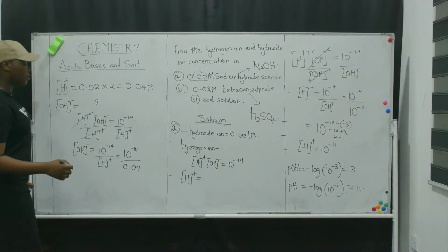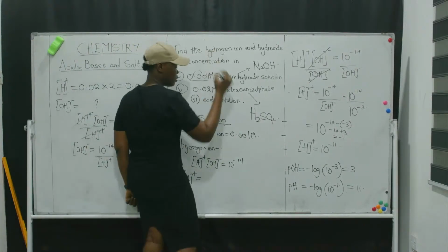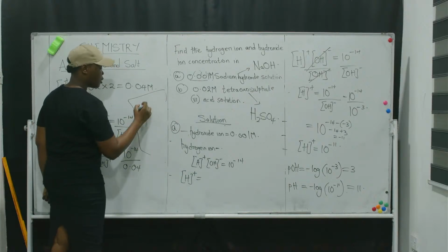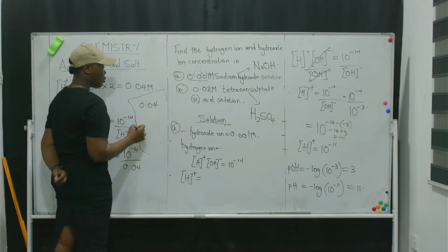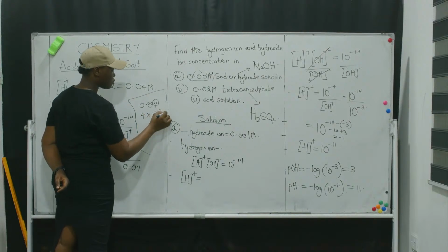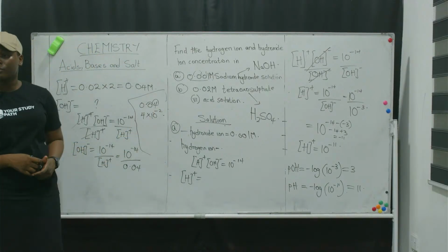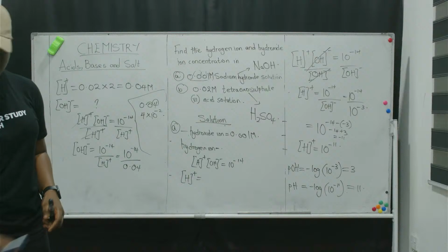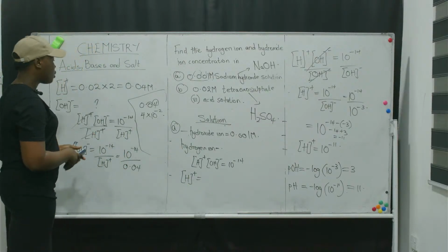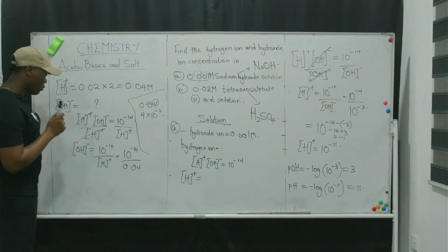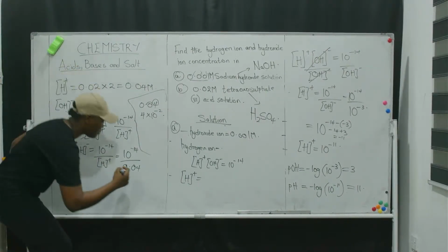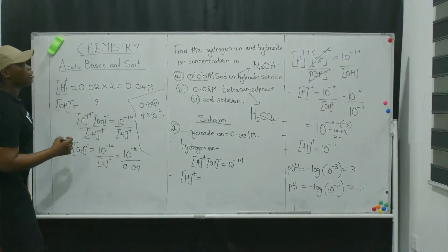And this can mean, can 0.04 mean 4 times 10 raised to power minus 2? Is it the same thing? Yes. Okay. All right. So if you agree that that is the same, we can then use it here.